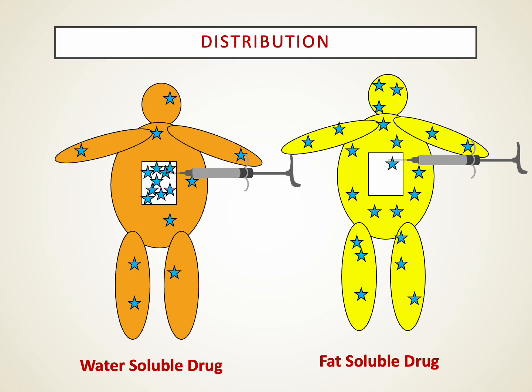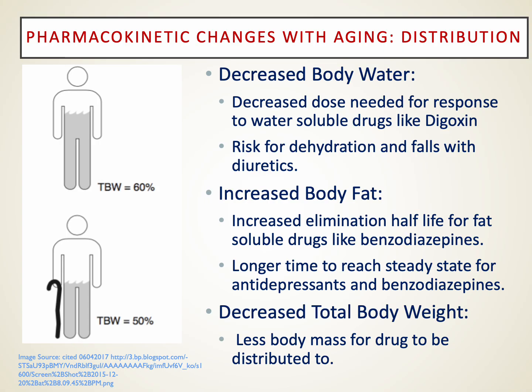Drug distribution is an issue particularly for drugs that are fat soluble or drugs that are water soluble in patients who might be dehydrated. A few key issues for us relate to drug distribution in older patients. The key thing I think of in older patients is that they have less percent of their weight as body water to start with. And so for drugs that are fat or water soluble, the volume of distribution might be affected.